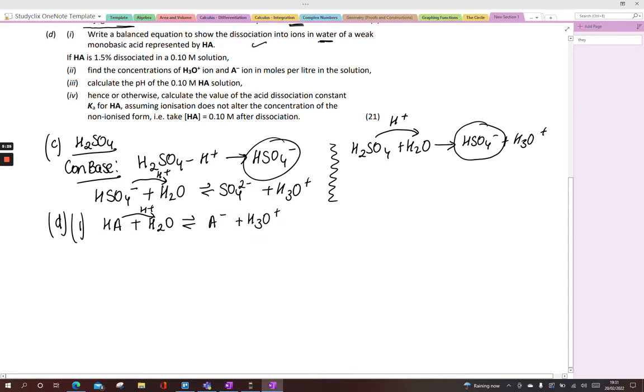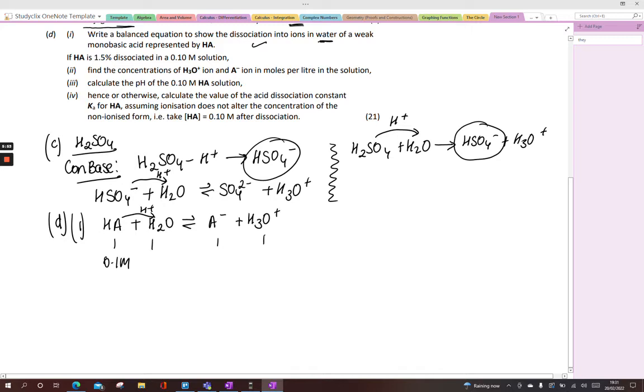That's it, done. If HA is 1.5% dissociated in a 0.1 molar solution, find the concentrations of H3O+ and A- in moles per litre. So we look at these, they're all in a 1:1:1 ratio. Now they're telling me I'm starting off with 0.1 molar solution of my HA.